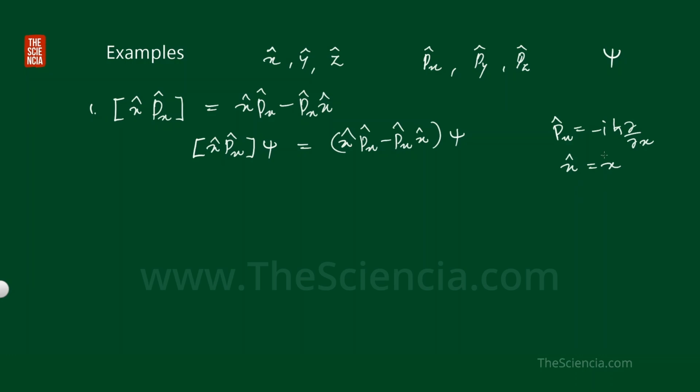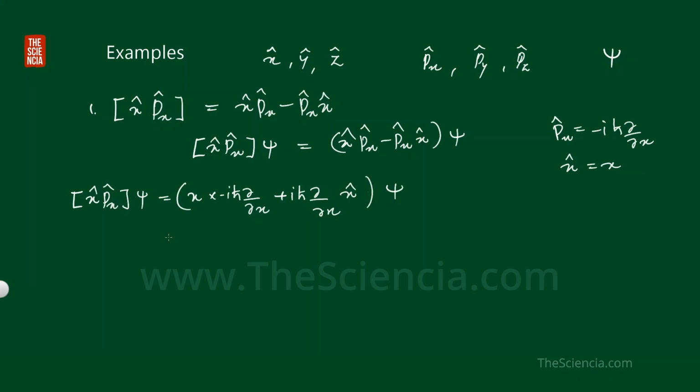So we can substitute these operators here. The commutator bracket x cap px cap on psi is equal to x itself times px, which is minus i h cross dou by dou x, minus, into minus i, that is plus i h cross dou by dou x times x, into psi.